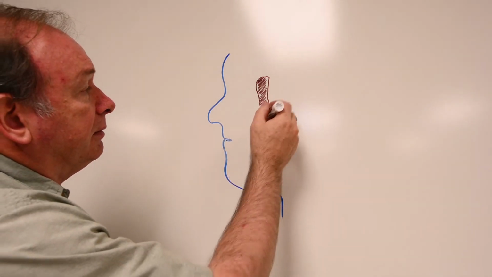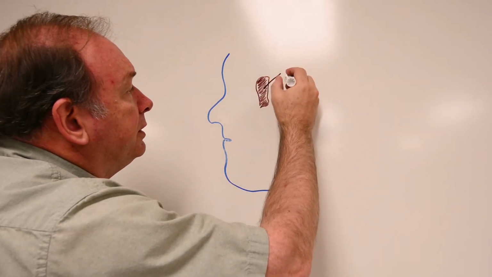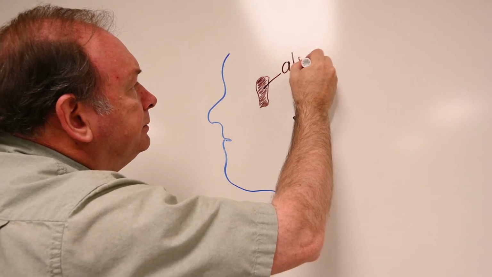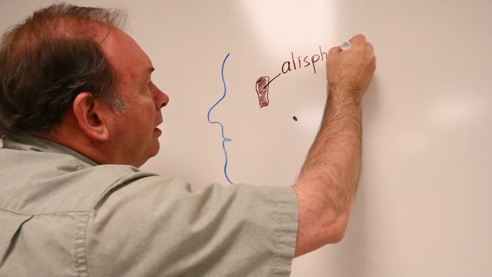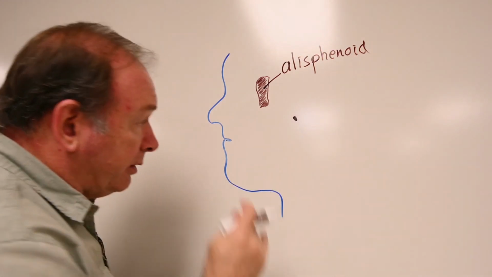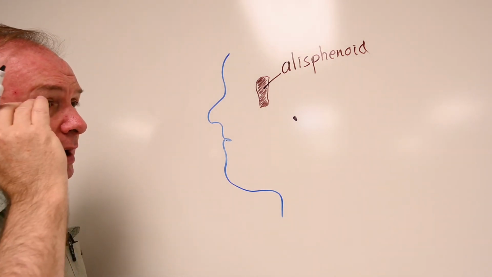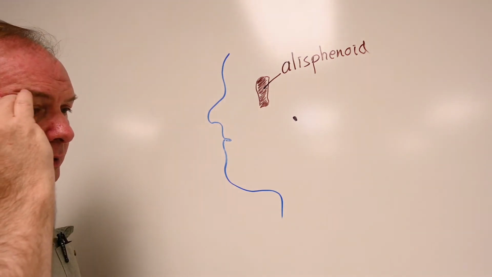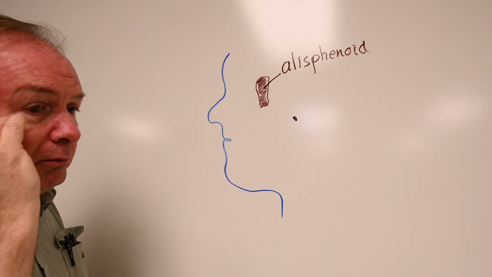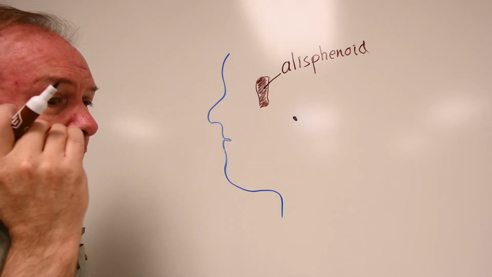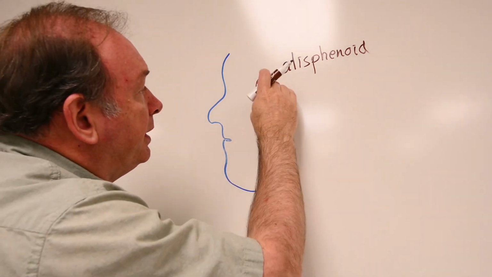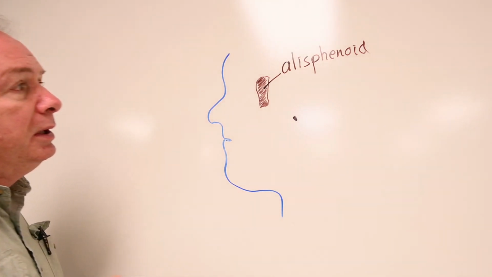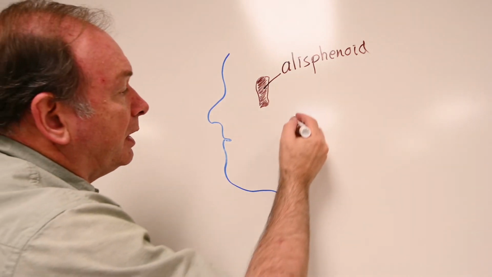So this is a third part. This is known as the alisphenoid. It's found right on the side of the skull behind the lateral part of your zygomatic and in front of your temporal bone, the alisphenoid bone.